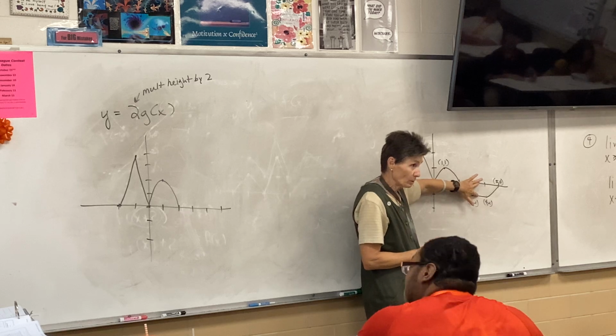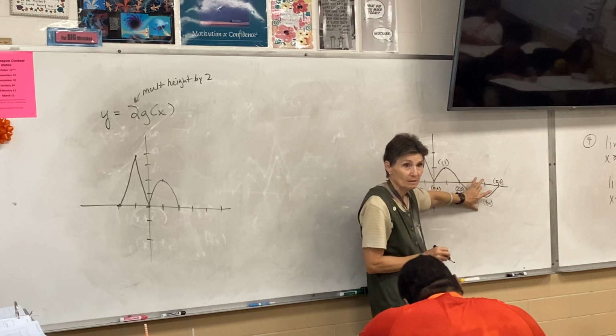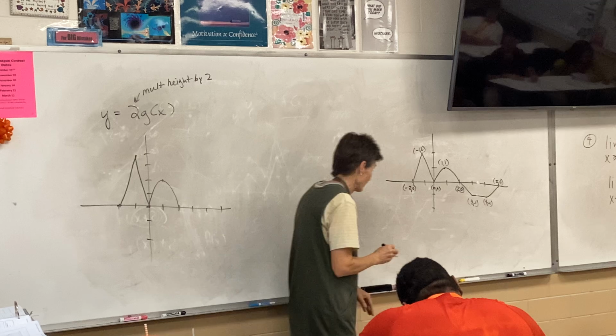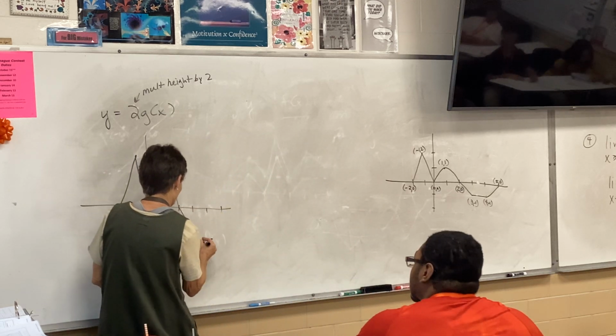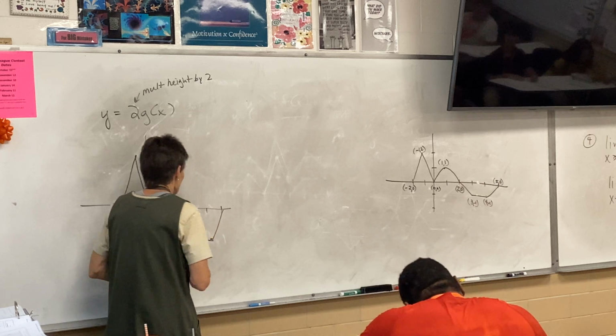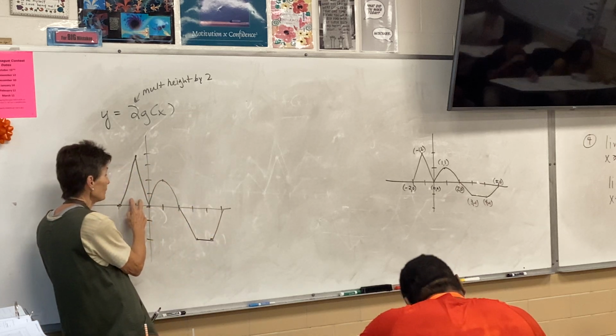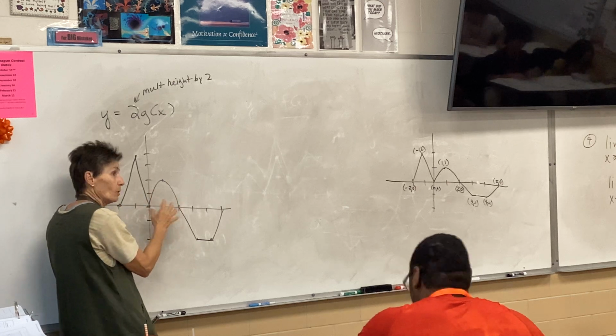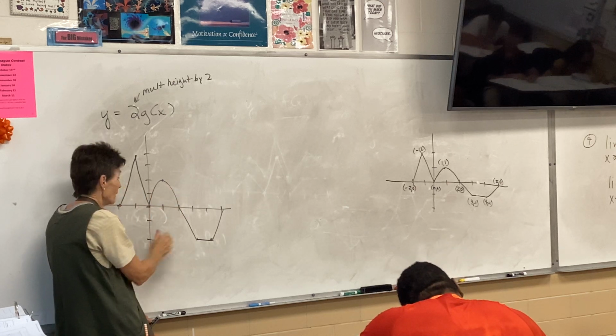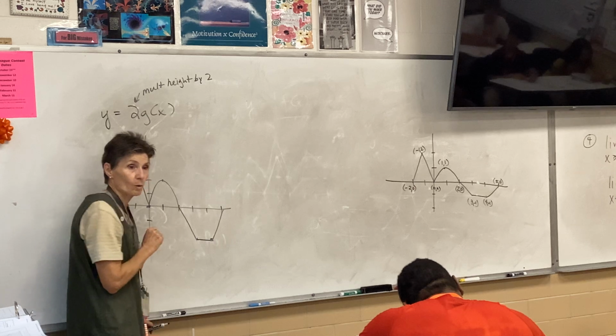That gets doubled, so now it's going to be 2. So I just drew my triangle twice as tall, my semicircle twice as tall, and my trapezoid twice as tall.